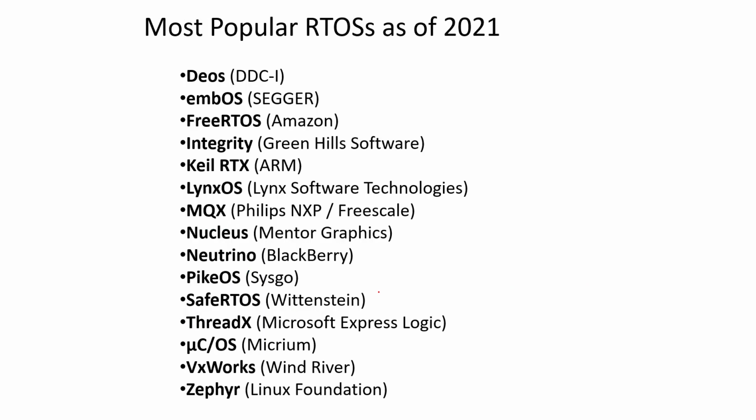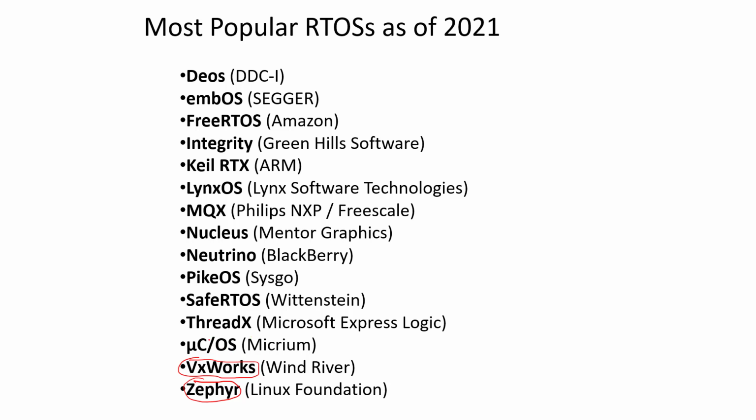So coming to the most popular RTOSs as of 2021, 2022, well, these are the ones. Let me go from bottom up. I was talking about Zephyr, which is a part of the Linux Foundation's offerings. VxWorks is something very popular, initially designed by WindRiver. We have discussed this in different lectures in several different contexts.